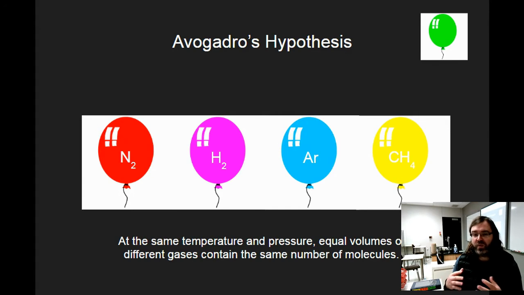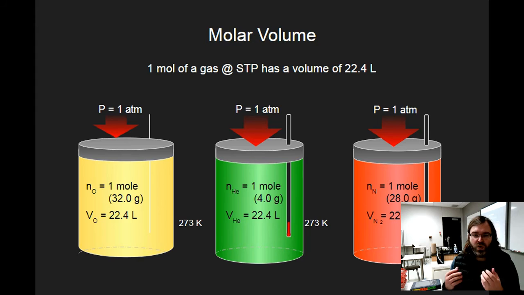Making relationships between one substance and another substance, especially if they have a chemical reaction, allows us to do stoichiometry. Let's take a look at that. The molar volume of a gas defines the pressures and the temperatures that Avogadro said. He said if we keep it at a certain temperature and a certain pressure, we're going to have a certain volume, and that volume is going to be related to the number of moles of the gas sample.